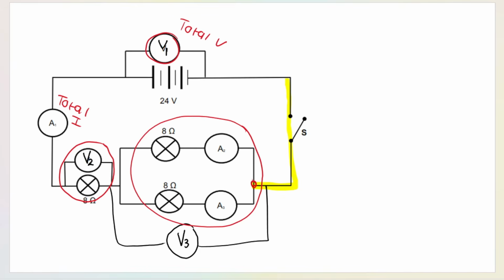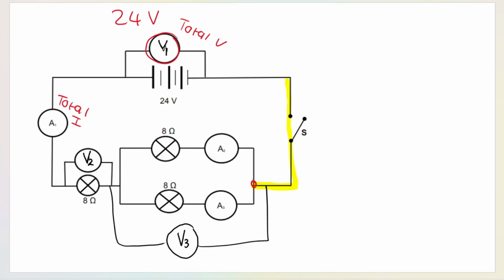Now I need you to understand that I'm just making up numbers over here. I'm not bothered by actual amounts. I'm just going to use make-believe amounts to illustrate this concept. So say V1 reads 24 volts.